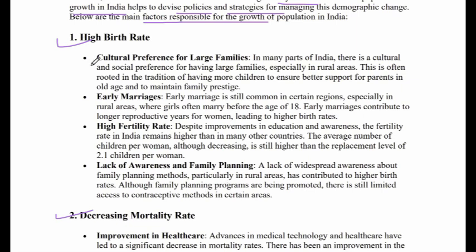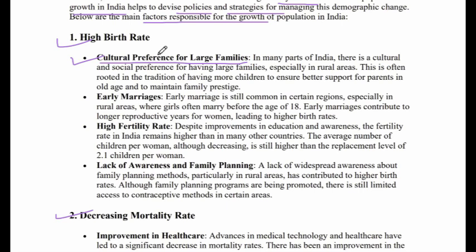Now, in the high birth rate, we have four further points. Cultural preferences for large families. Many married couples, or their families also, like to have large families. They don't like to have just one child, or one boy or one girl.